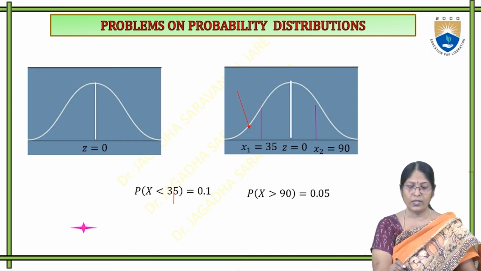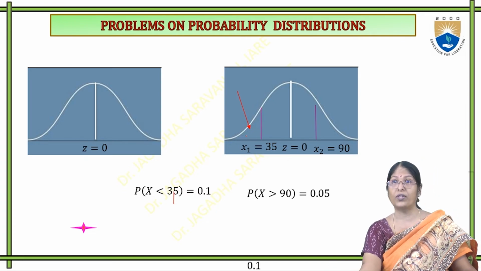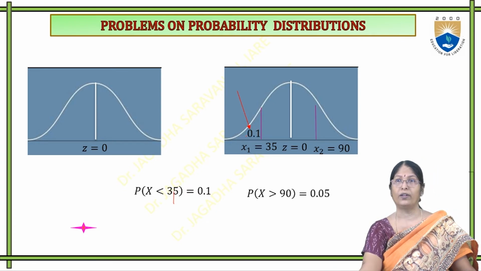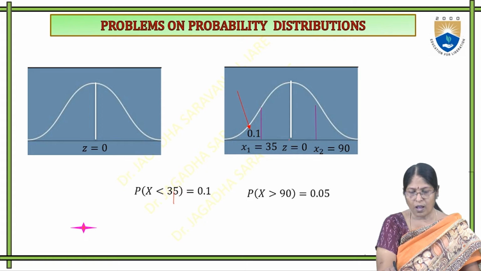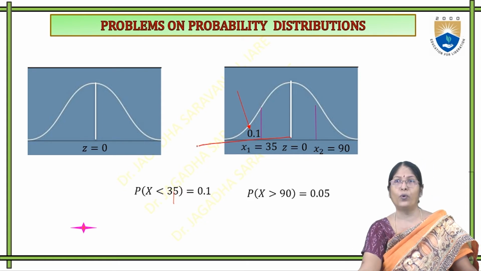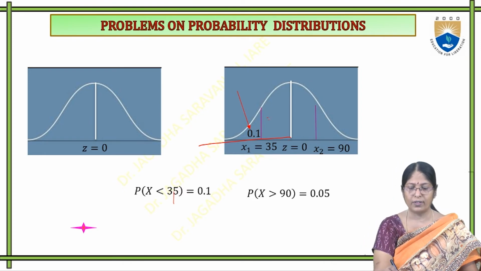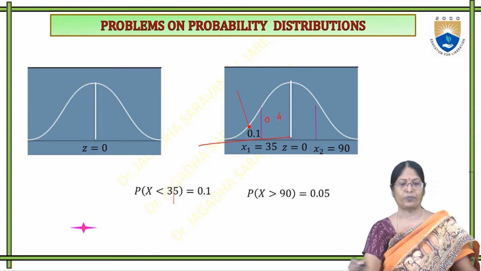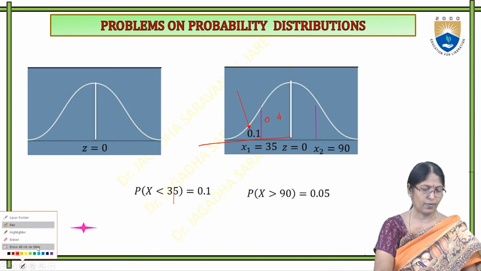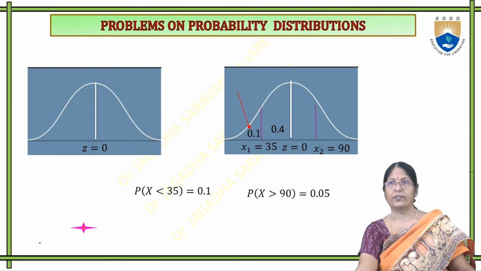Now, this area which is given is 0.1. This half section we know is 0.5. If this is 0.1, then this is 0.4. Next, this is 0.05, the given data of the problem.